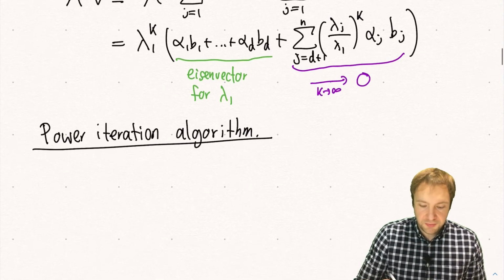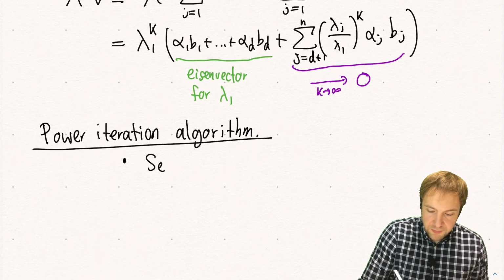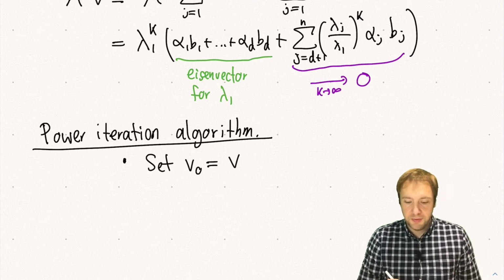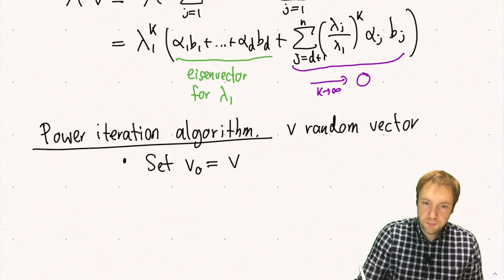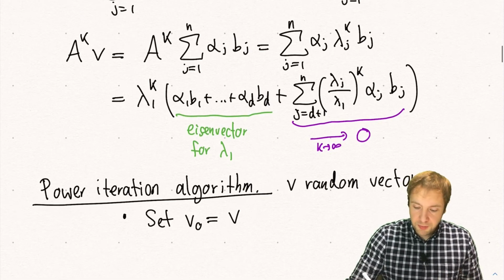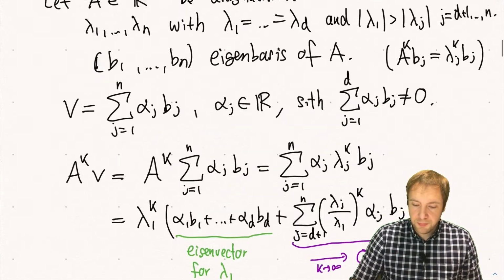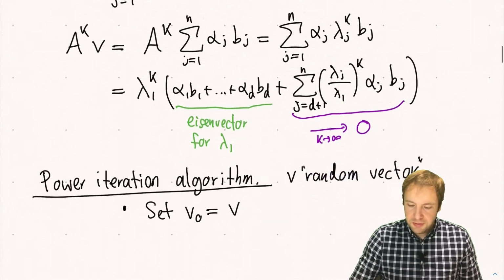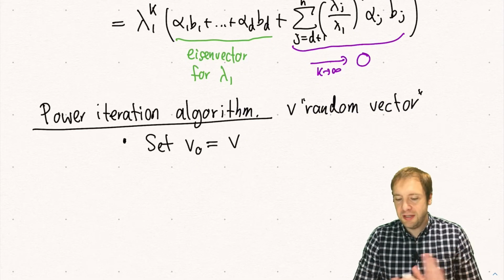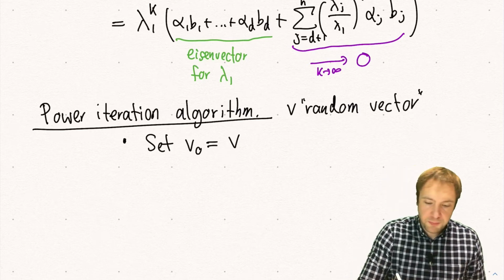So the algorithm is that we start with some vector v_0, some random vector, where by random we shouldn't choose the 0 vector because then everything is 0, but usually just taking some arbitrary vector works.